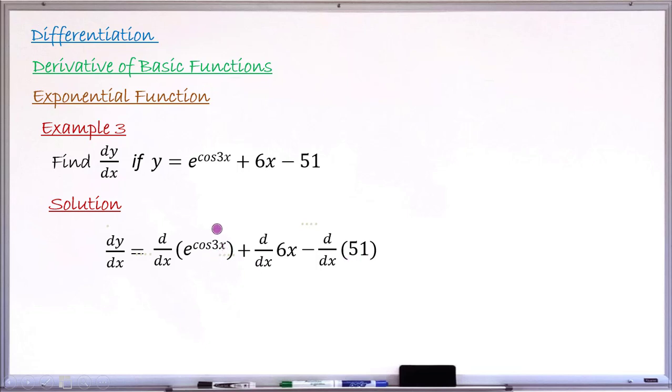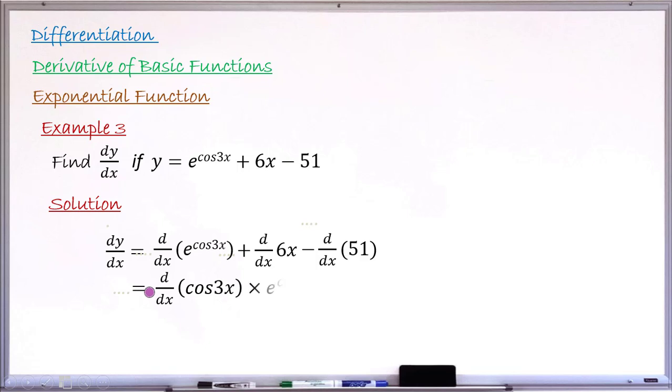Then I attempt to get the derivative of this exponential function. I will now apply the rule. The rule tells us that you just take this cos 3x as your f(x), find its derivative, then multiply by the original exponential function. So let me do that.